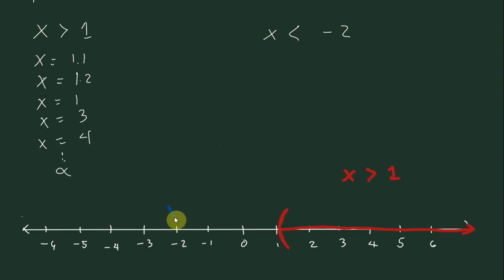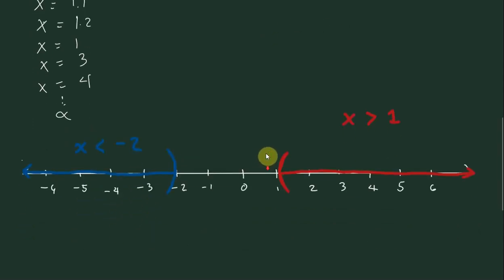We can graph it by using this symbol right here, and then drawing a line up to negative infinity, because all the values of x that satisfy this inequality, that make this inequality true, are negative 3, negative 4, up to negative infinity. So we have x less than negative 2.